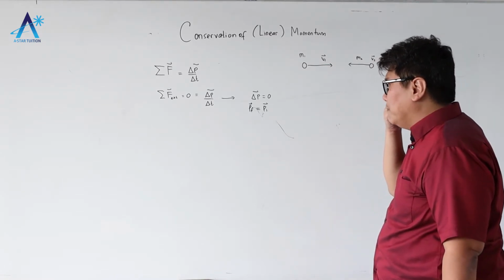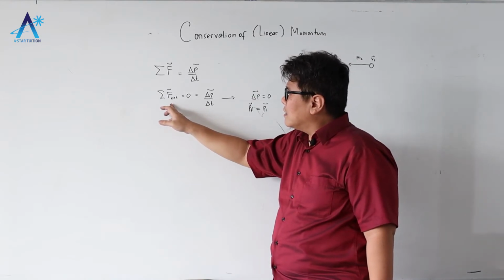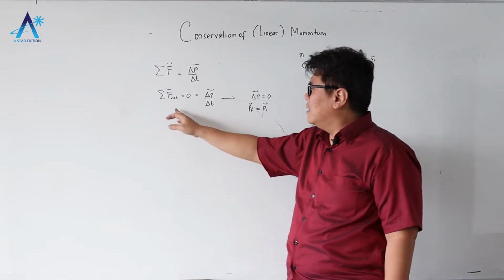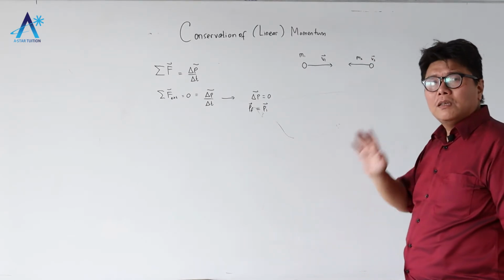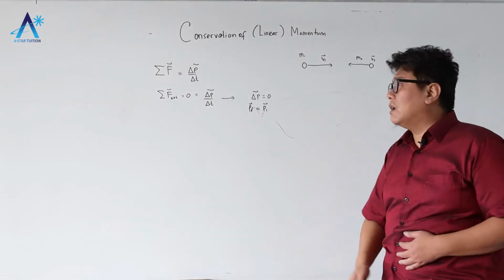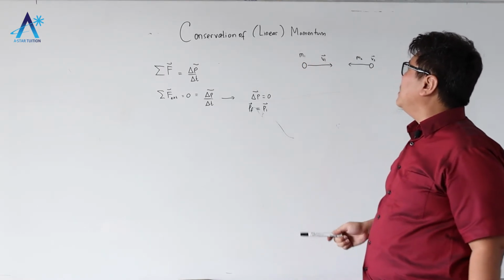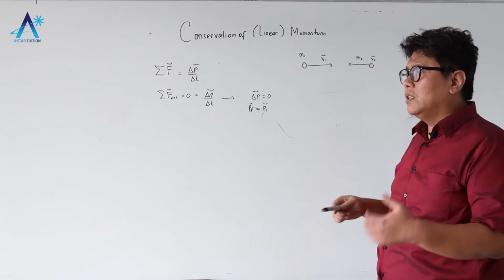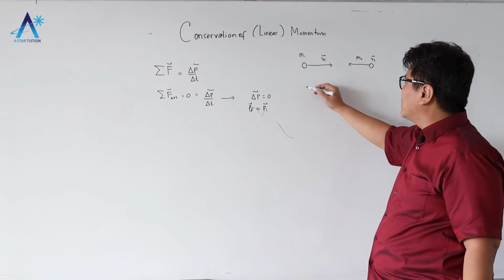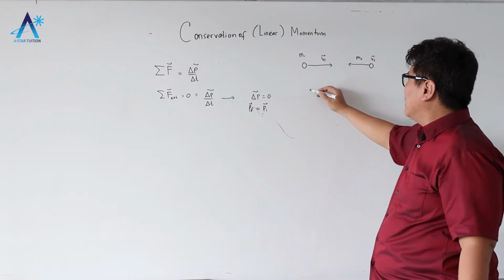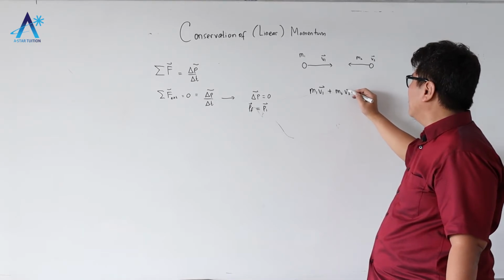So when the system itself has no resultant external force, or in other words, the resultant external force is 0, then the momentum of the system is conserved. Now, I want to explain how conservation of linear momentum is associated with Newton's third law of motion. Here we see that the momentum of the system before collision is m1 v1 plus m2 v2.